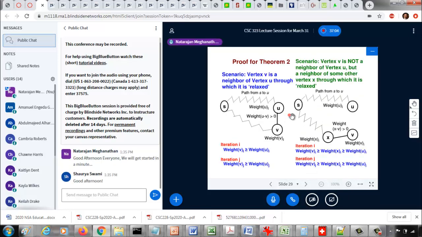So when u was picked in iteration i, u had the smallest shortest path weight among all the vertices not yet optimized, and one of those non-optimized vertices is also v.